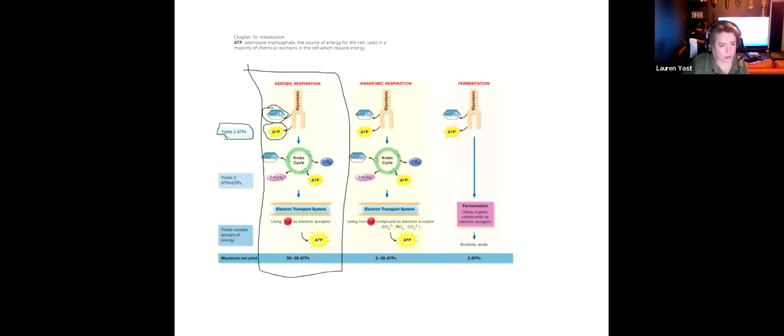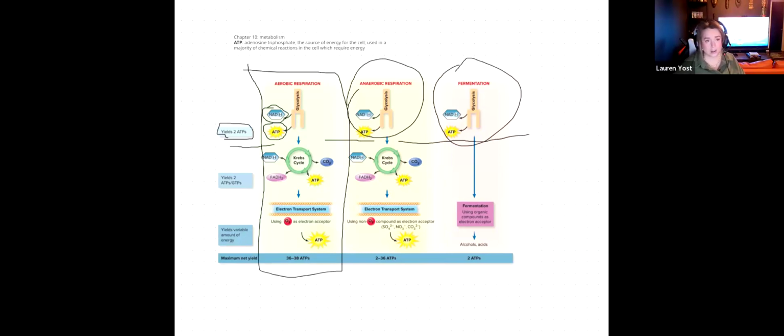And so when we look at that part of the reaction, glycolysis, we see that we have that present in anaerobic as well as fermentation. Those are different things. So anaerobic bacteria can never use oxygen. So they will only ever make their energy without oxygen.